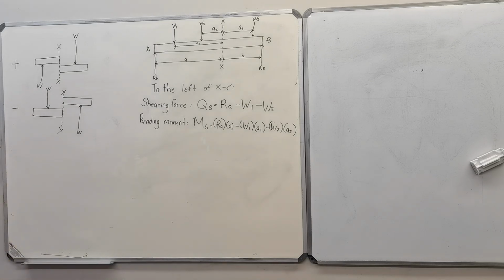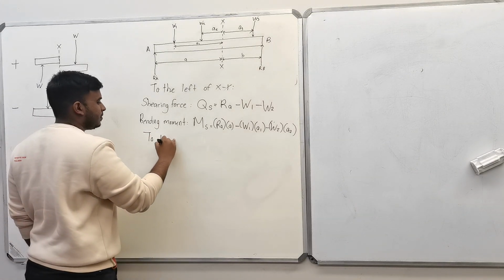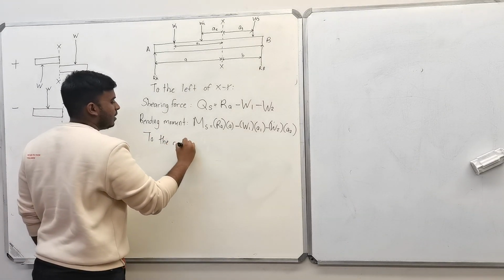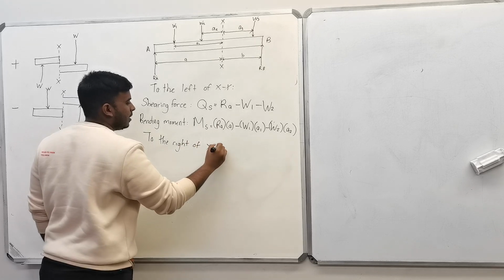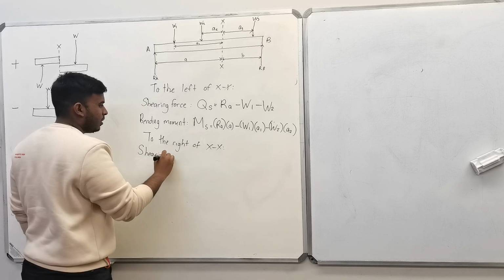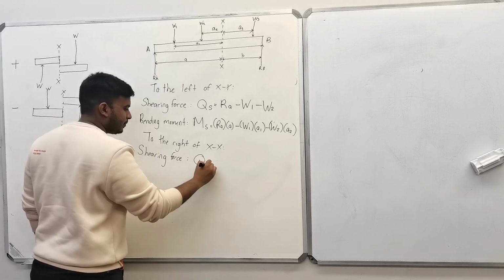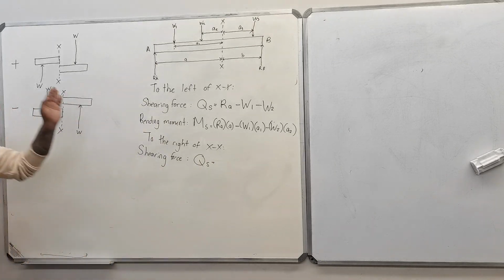Is that okay? Now to the right. Your shearing force, your Q, will be equal to, now when we're looking at the right, which ones are positive?